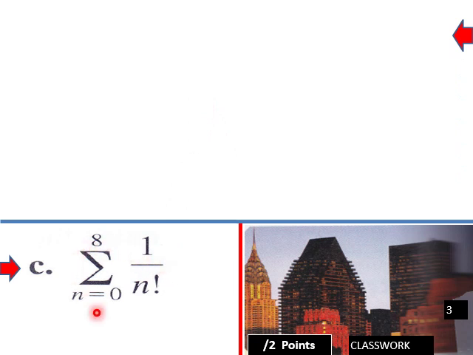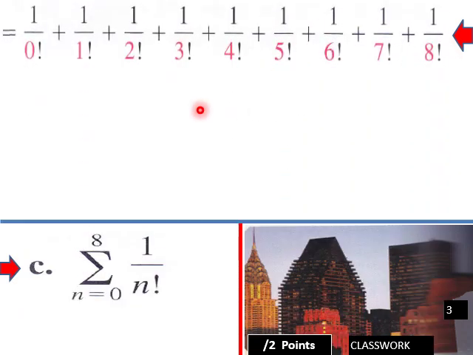And then for C, our upper is 8 and our lower is 0, so we start with 0, and the term is 1 over n factorial, and this will be your array of terms.